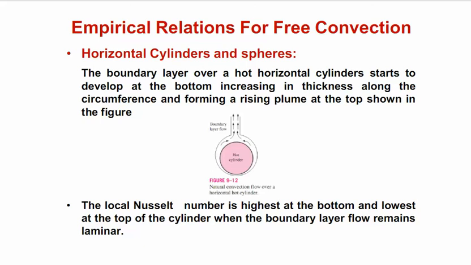In the laminar state, the Nusselt number is higher as we have the thin layer at the bottom, and it has a low value at the top of the cylinder, as it has become a thick boundary layer and is less able to transfer the heat from that position.